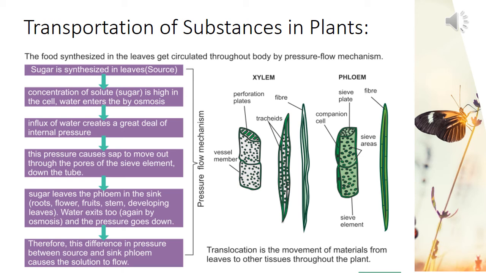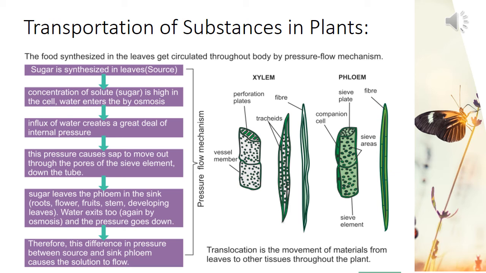The phloem has cells called sieve tubes that are placed one above the other to form long tubes through which food is transported. Like xylem, phloem forms a continuous network of channels that connects leaves to different parts of the plant.